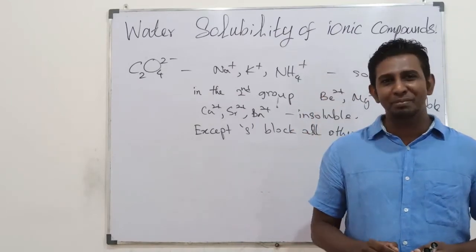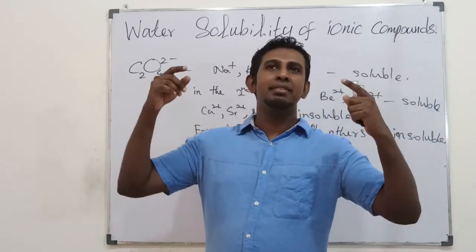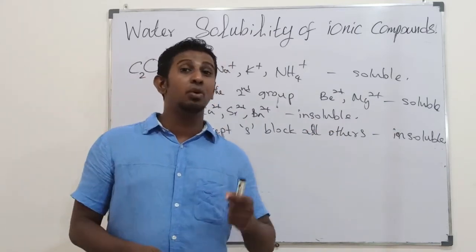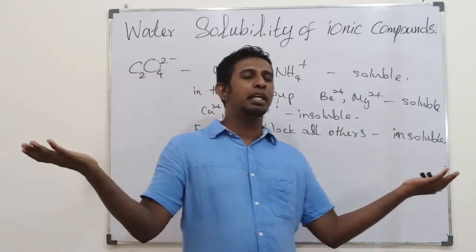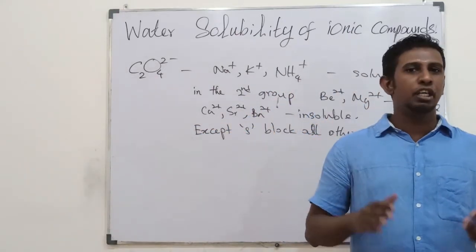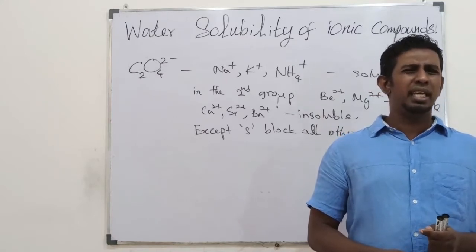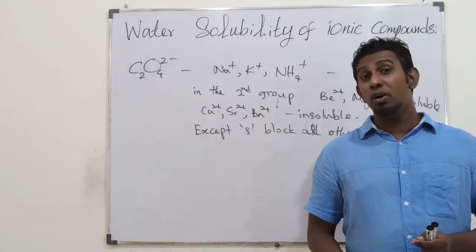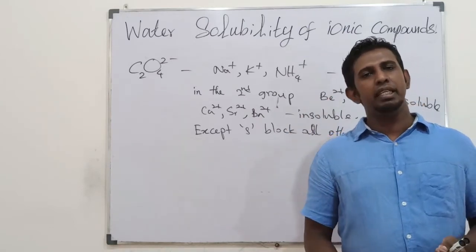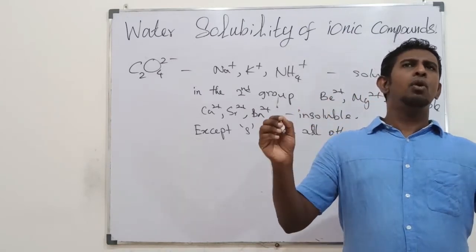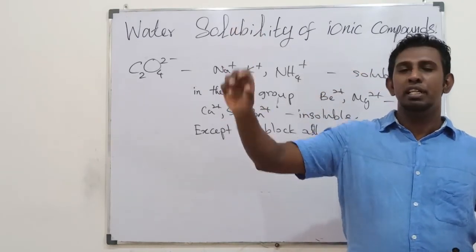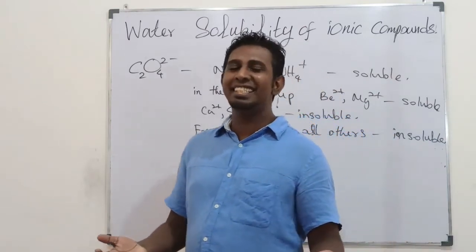Sodium, potassium and ammonium oxalates are water soluble, and in the second group only beryllium and magnesium are water soluble oxalates. All the other oxalates, calcium, strontium, barium, are water insoluble. Let's not take radium. Generally down the second group, oxalate water solubility decreases. Except the S block, all the other oxalates are water insoluble. See how easy it is.